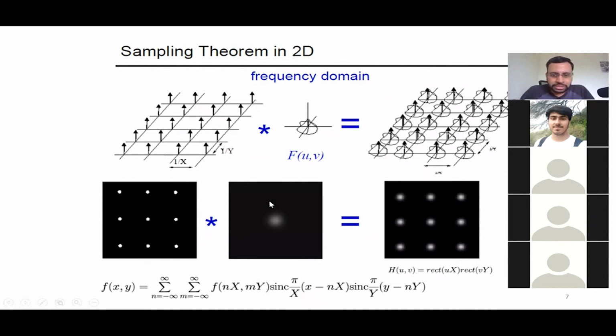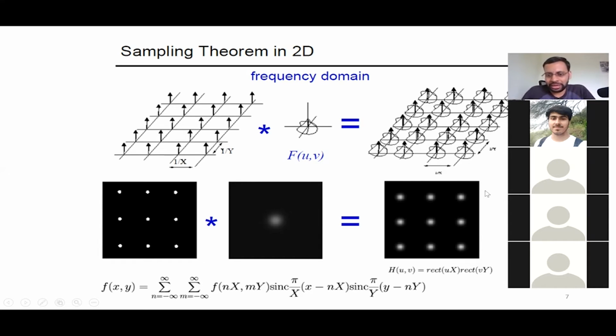Let's say this is your Fourier domain frequency for a given signal. And then you are multiplying here with this. Since you are in the frequency domain, it is equal to convolving with this bed of nails. It would be nice if you keep plotting these things using MATLAB. That convolution would give you something like this.